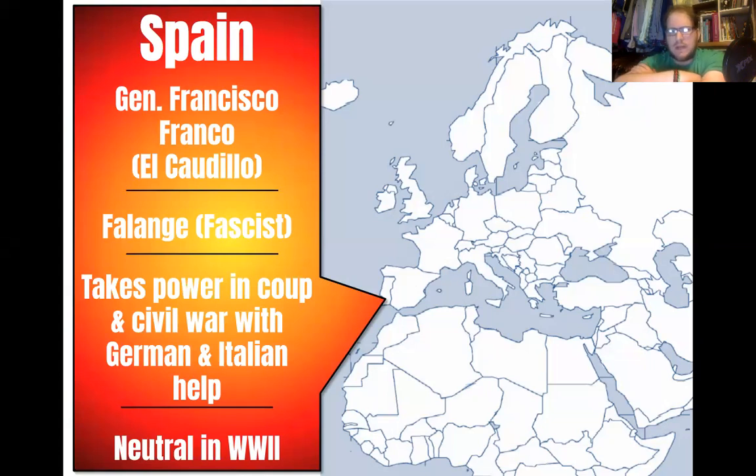He was a representative of the Falange Party, which was fascist. He took power in a military coup in a civil war and was assisted by the Germans and the Italians to stake his claim.